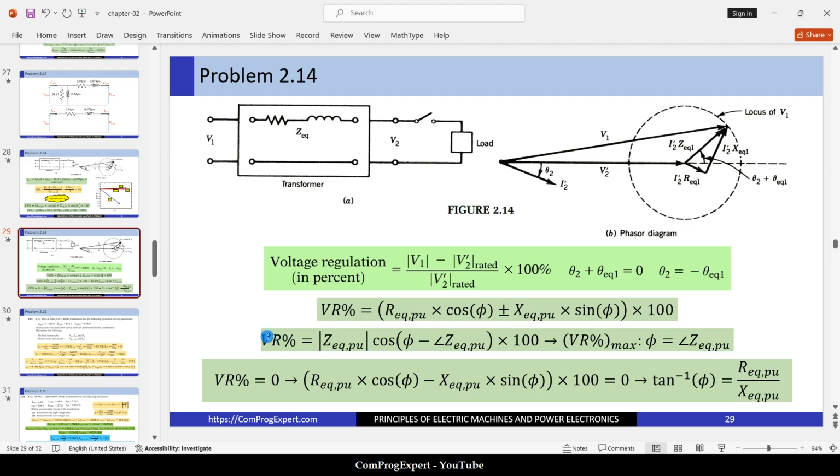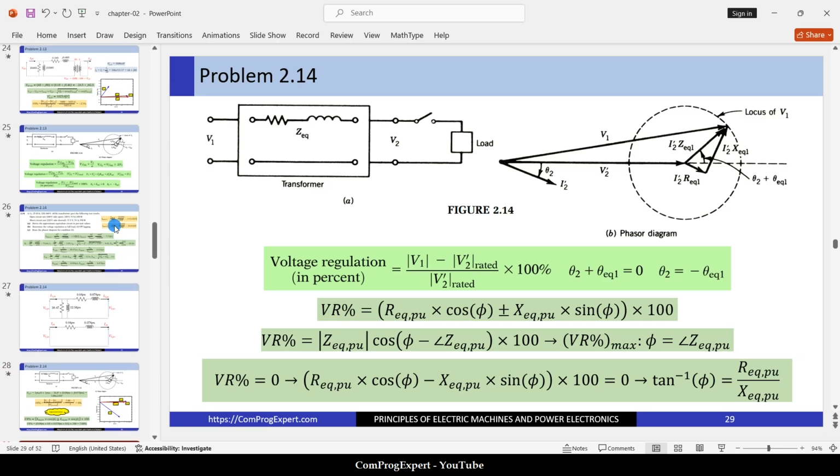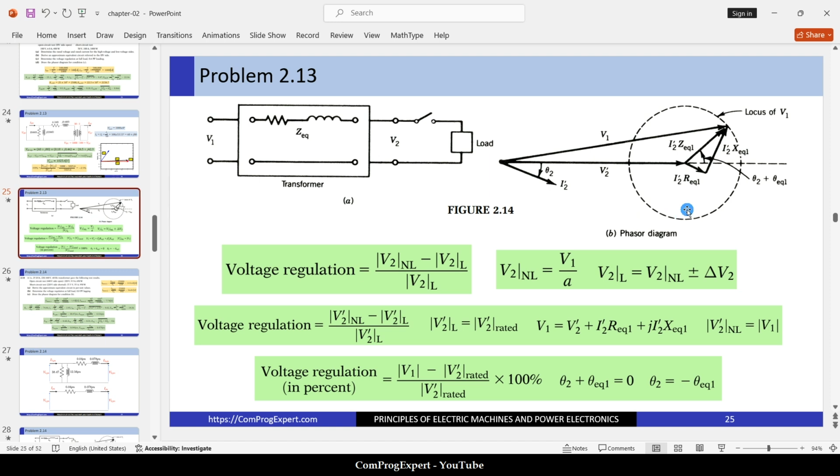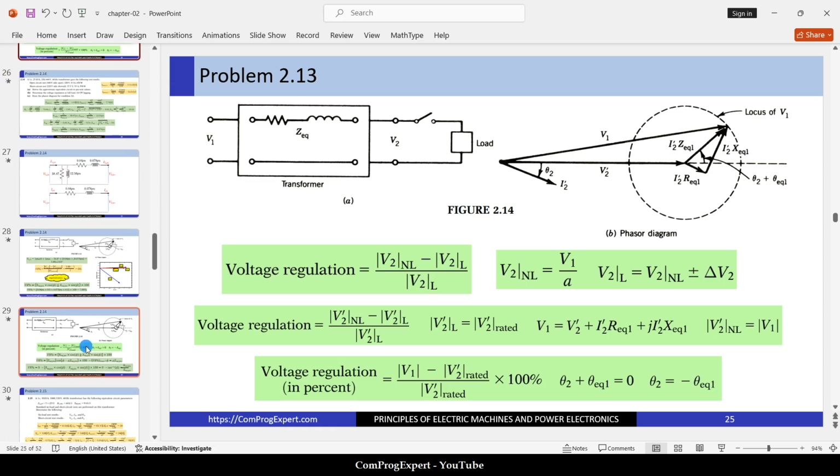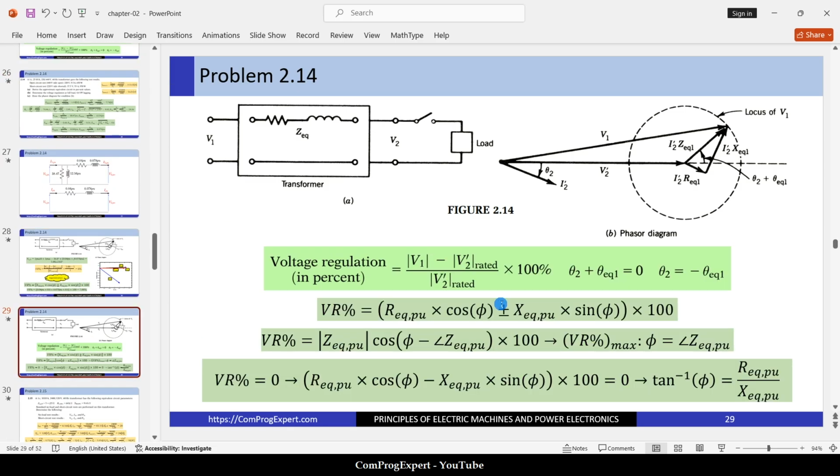When we have maximum voltage regulation, we discussed in this slide that the maximum voltage regulation occurs for this condition. And here in the new case, let's check. The voltage regulation is equal to this one. Yes, you can rewrite this equation into this form.